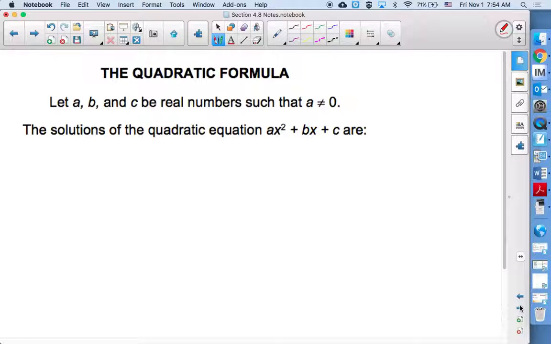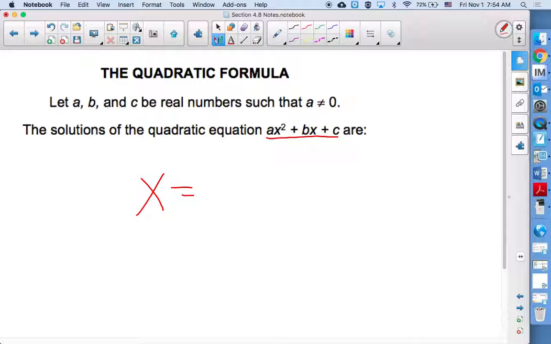So underneath, we have a little space here for the quadratic formula, and we are working with this equation, ax squared plus bx plus c, which is really the equation that we've been working with pretty much all chapter. The solutions of the quadratic equation. So an equation is different from a formula. An equation you're solving for. The formula we're using to solve.